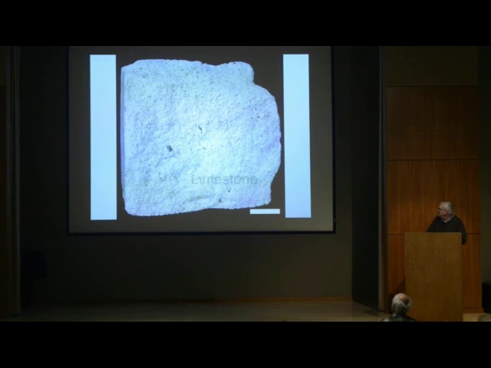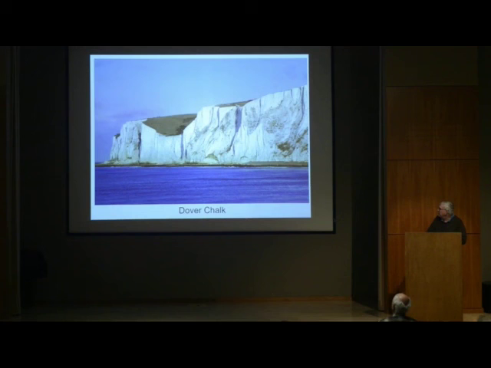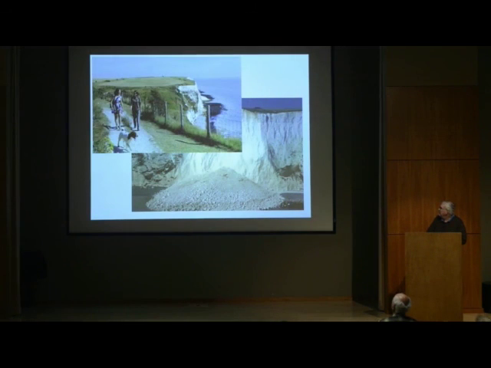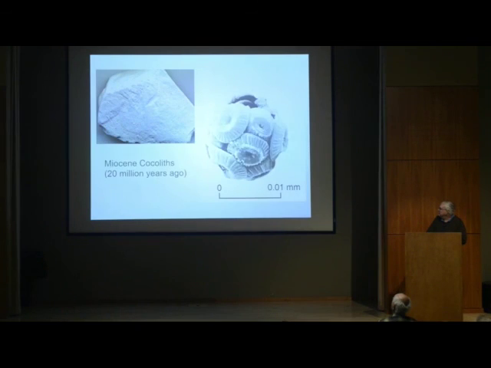So again, this white limestone, white rock, the Cliffs of Dover, is a very fine kind of limestone, essentially chalky material. And it's formed from this stuff, coccoliths, about 20 million years ago. Microscopic in nature, so you can't actually see them very well.